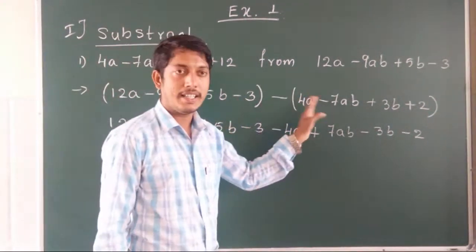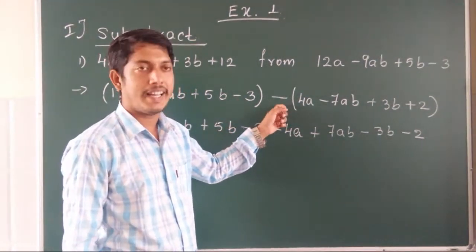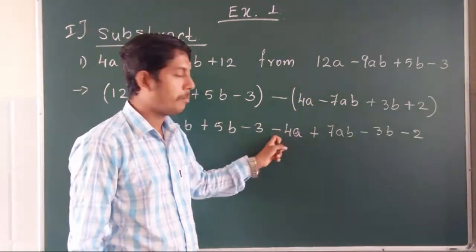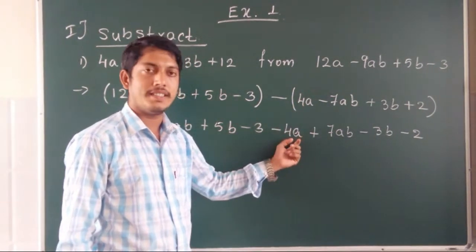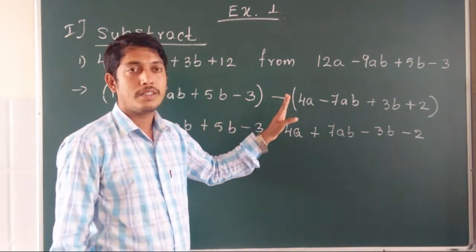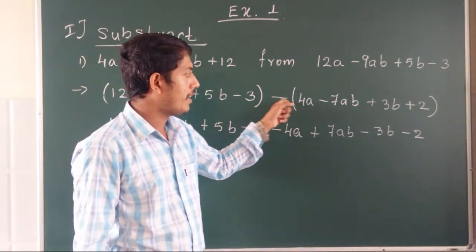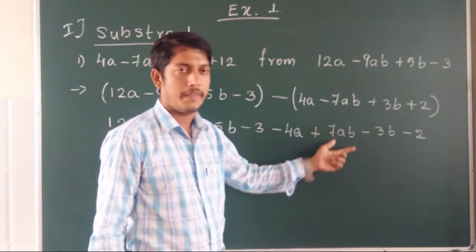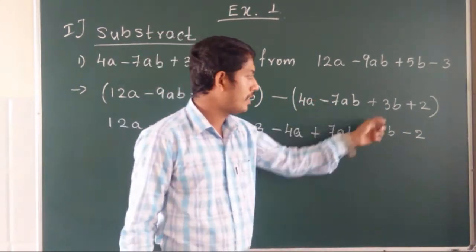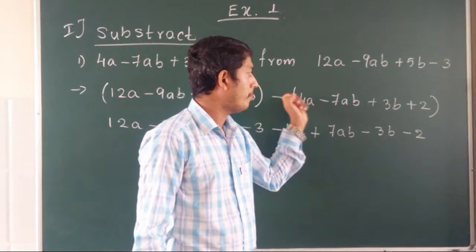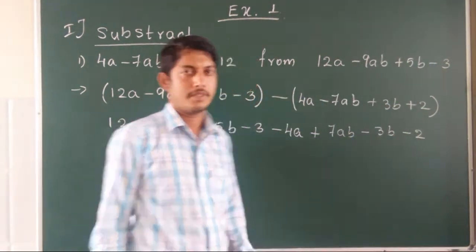And for the second expression, I multiplied with the help of the negative sign. Minus into plus, minus 4a. Then minus into minus, plus 7ab. Then minus into plus, minus 3b, and minus into plus, minus 12.